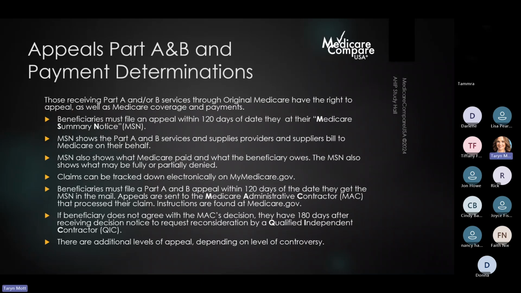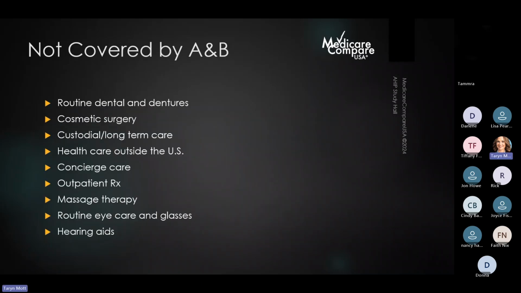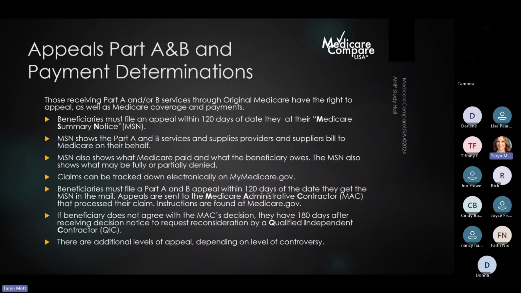Those are things that are not covered under Original Medicare, but potentially could be through a Medicare Advantage plan or some Medicare supplements. Those receiving Part A and or B services through Original Medicare have the right to appeal Medicare coverage and payments.